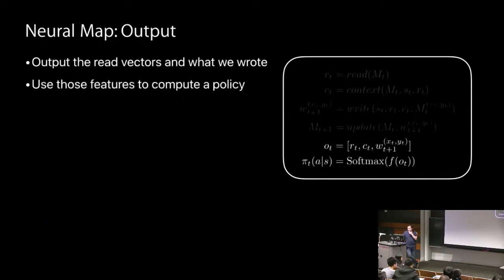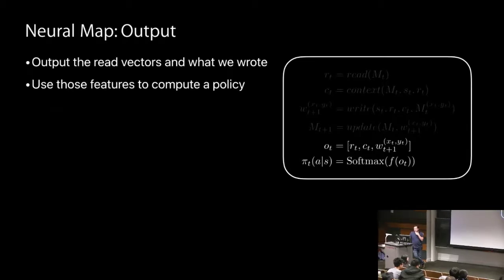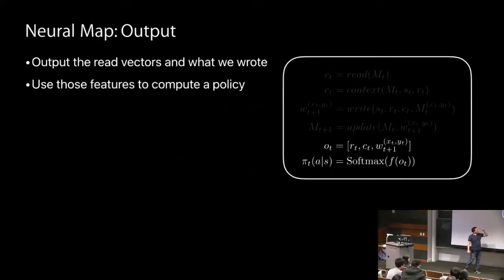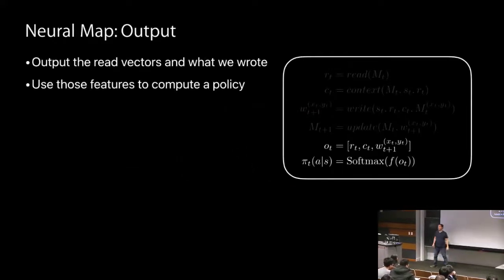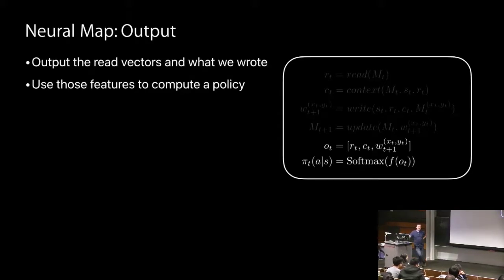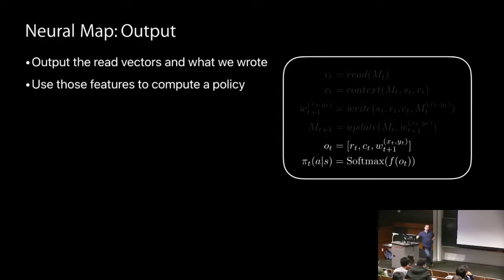And then the output, basically you have read vectors, you have write vectors, and then you just concatenate all of these vectors together. You pass it through some nonlinearity f and through the softmax, and that gives you the distribution over actions. Okay? And that's a policy.